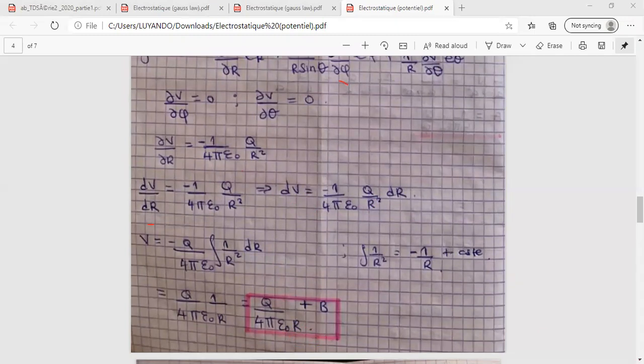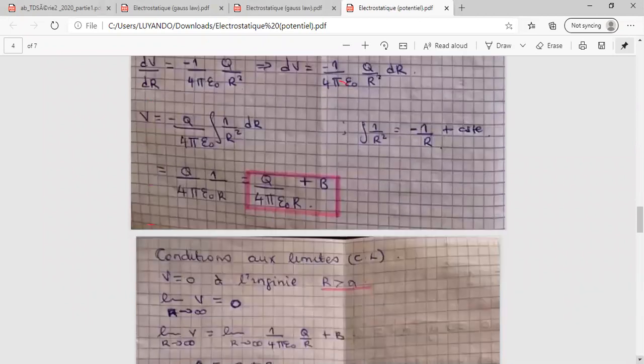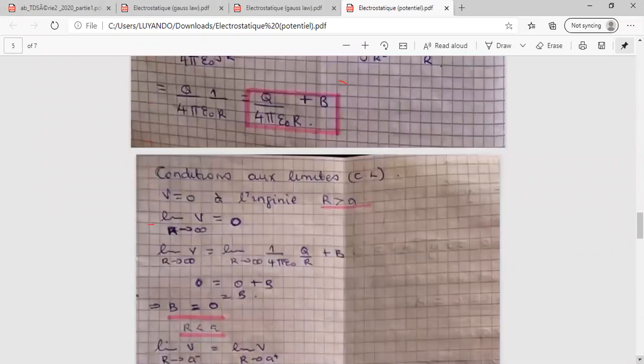So our potential is equal to Q over 4 pi epsilon R plus a constant, which is B. Have you guys done limits in analysis? No. Okay, so this will be tricky to explain.